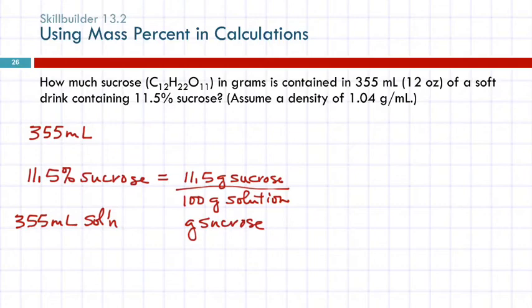We can't use that to convert to grams of sucrose, but we can use that to convert to grams of solution. And then we use the percent composition to go from grams of solution to grams of sucrose. Any questions about that? That wasn't very good.